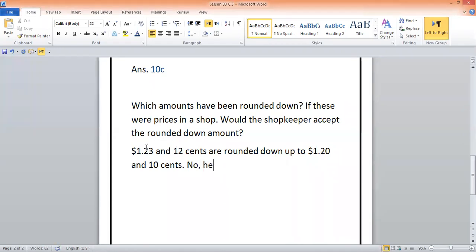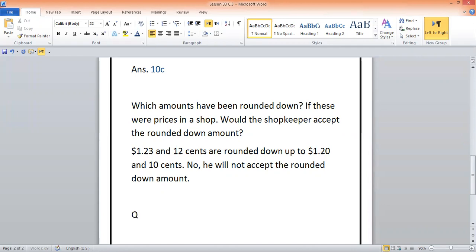If instead of $1.23 he takes $1.20 from all of the customers, then if he sells 100 items, he will have too much loss. So he will never accept a rounded down amount. That's why I'm going to write the answer: No, he will not accept the rounded down amount. This is the answer.